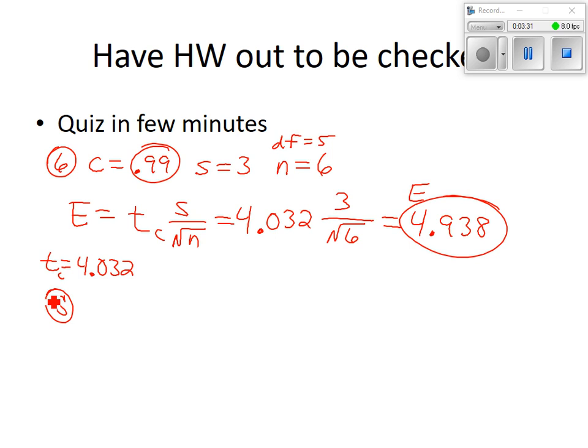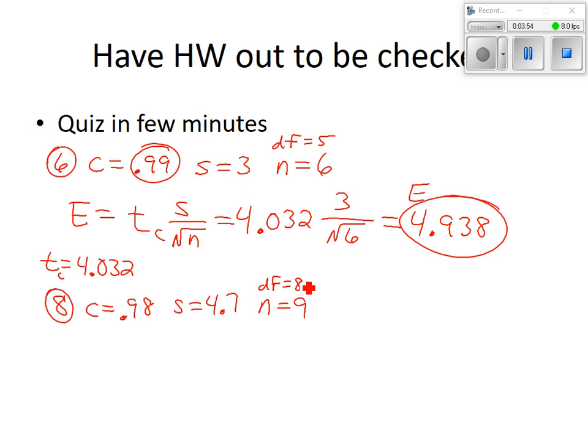Number 8. C is 98%, s is 4.7, and n this time is 9. What's our degrees of freedom then? 8.